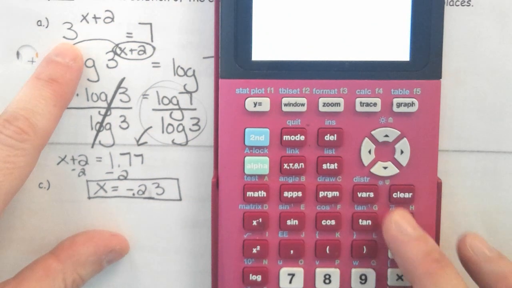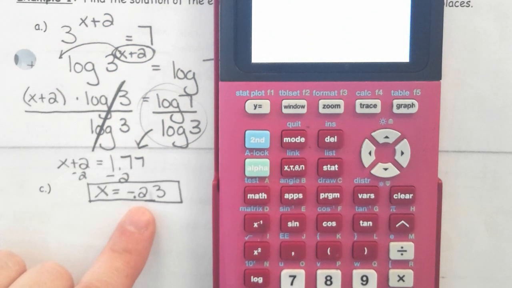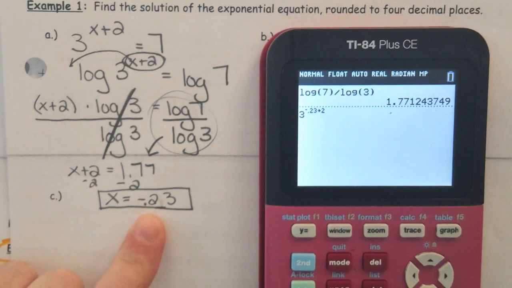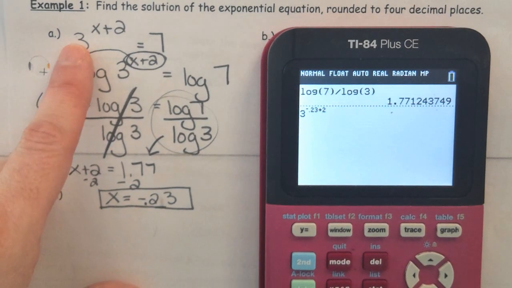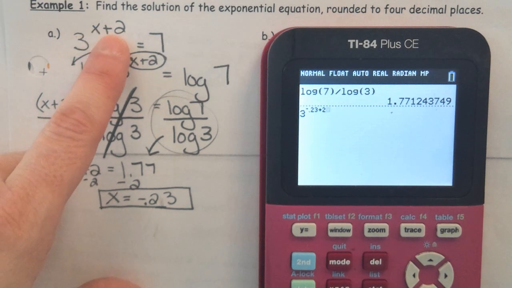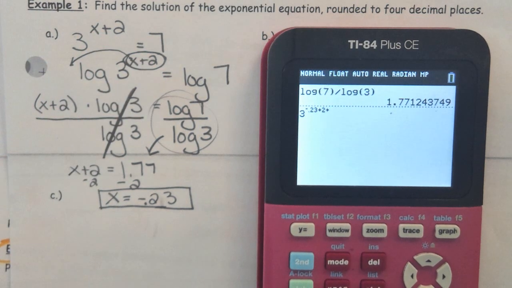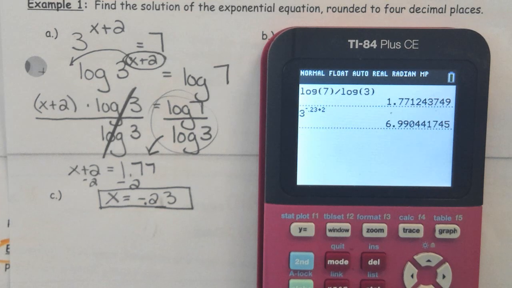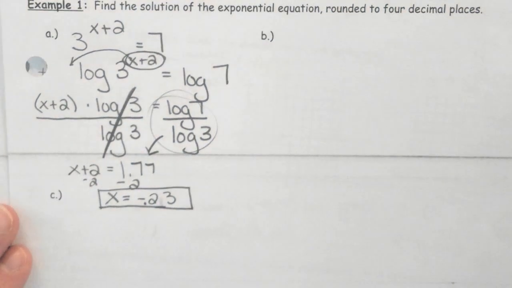So if I go 3 to the negative 0.23 plus 2, we should be close to 7. So do you see how it's close, but it's not going to be dead on? Okay, so it should be close. But you can still check your work.